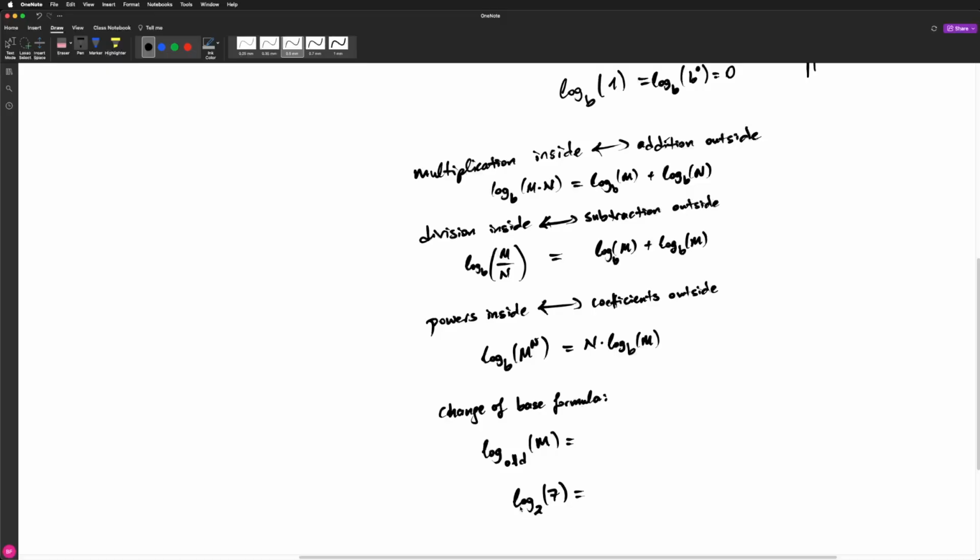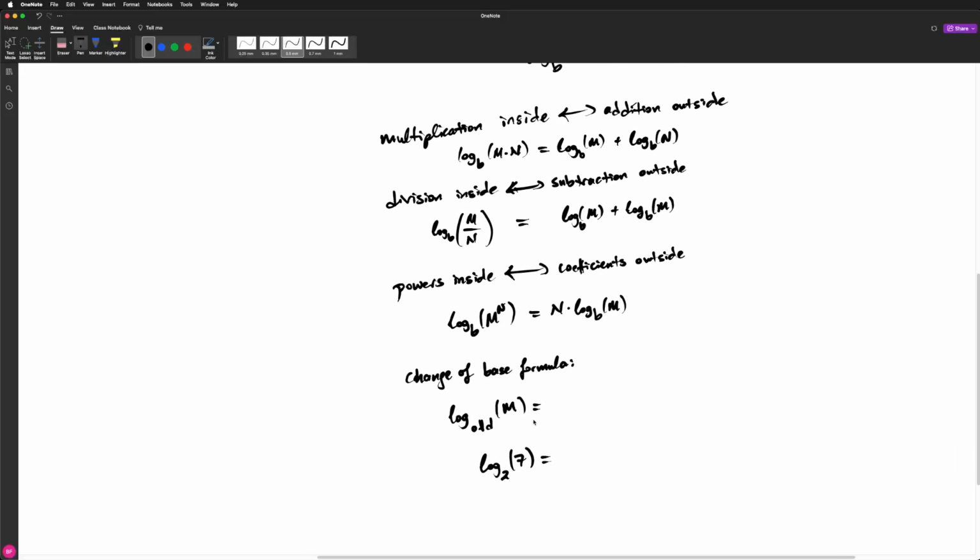It's not a nice number. So you want to use your calculator, but the calculator has no logarithm base 2 key. So what you can do is switch to a new base. You would need, let's use ln, natural logarithm.